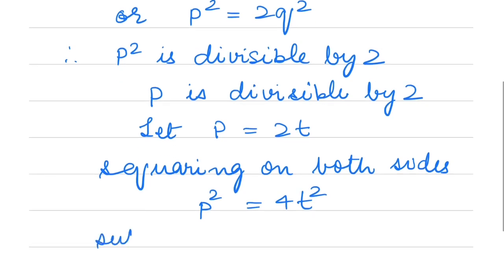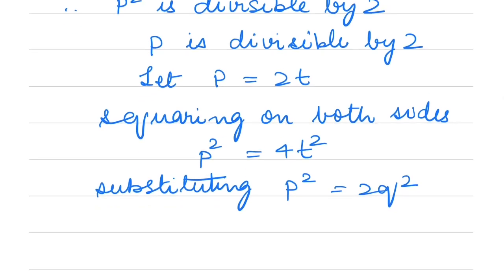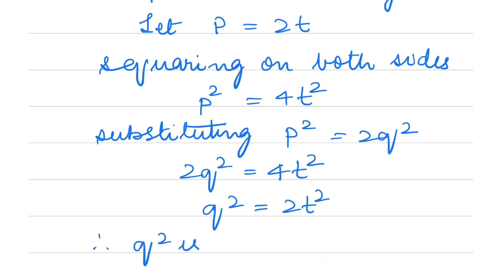Now substituting p square is equal to 2q square from the previous thing, we get 2q square is equal to 4t square, or I can say q square is equal to 2t square. q square is divisible by 2.